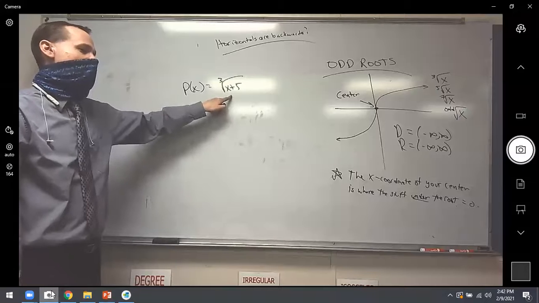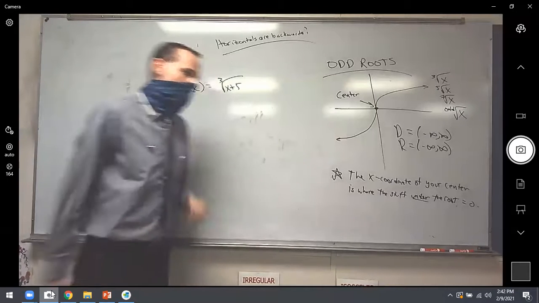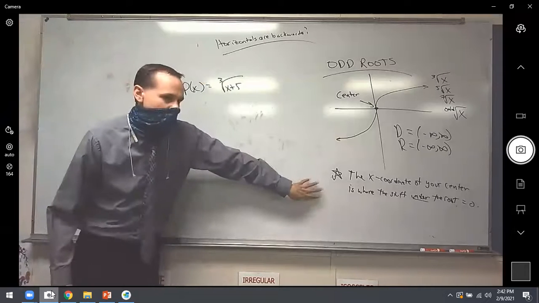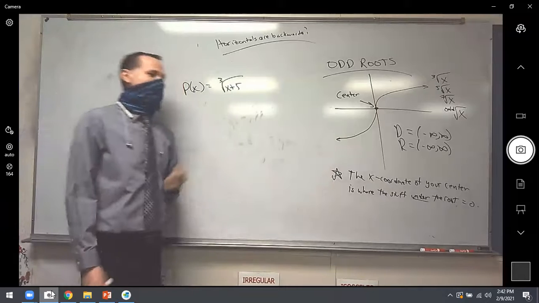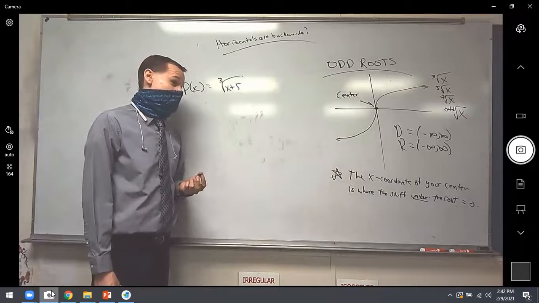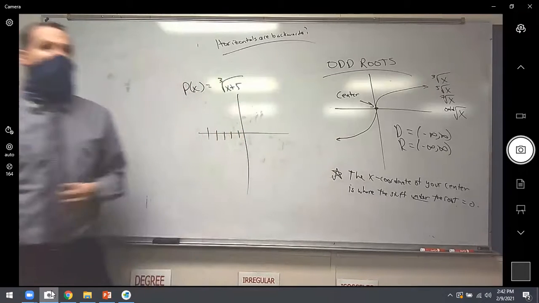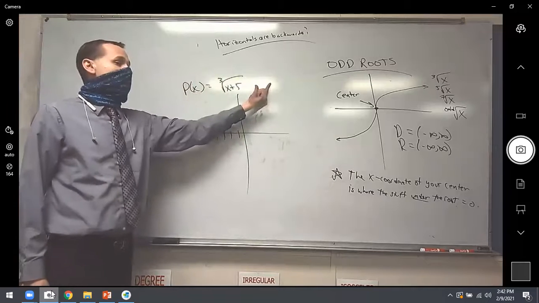I don't see one there. No reflection, so it's going to look exactly like this. Maybe just scooted some. Well, how do you find out where the center is going to be? You set the stuff under the root equal to 0. Well, the stuff under the root is x plus 5. And I think we could all agree that's 0 when x is negative 5, right? So over here at 1, 2, 3, 4, 5, negative 5, that's where my center will be. There's no numbers on the outside, right?